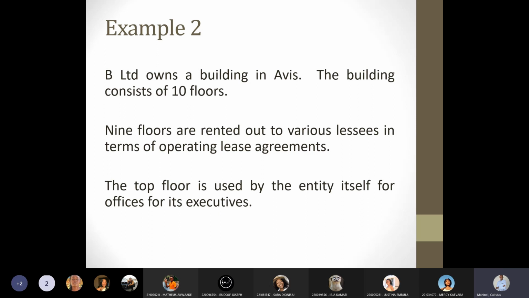How would you classify building B? Is building B going to be classified in terms of IAS 40, investment property, or will it be classified in terms of IAS 16, property, plant and equipment? How will building B be classified?